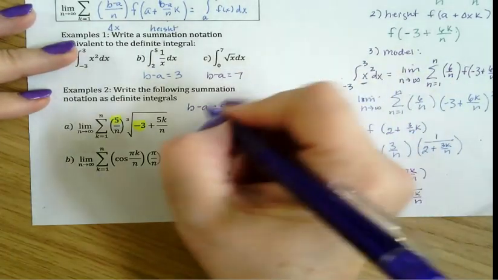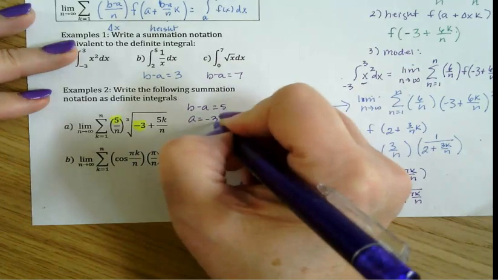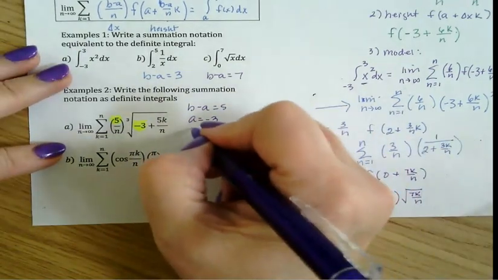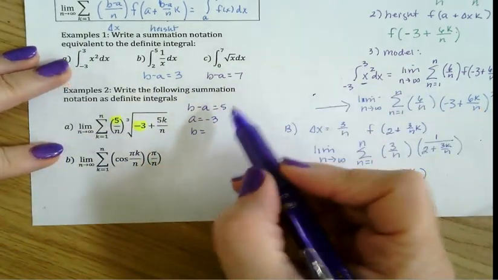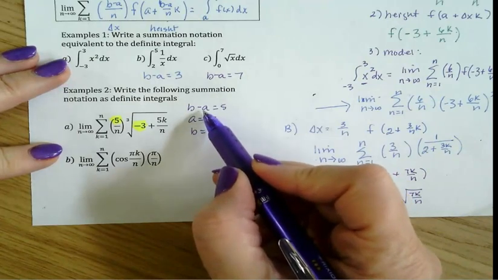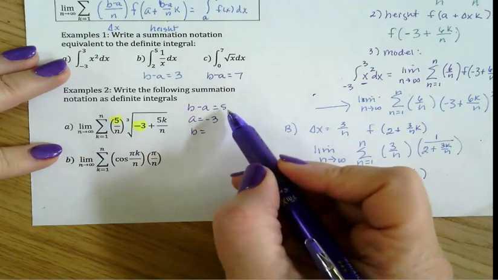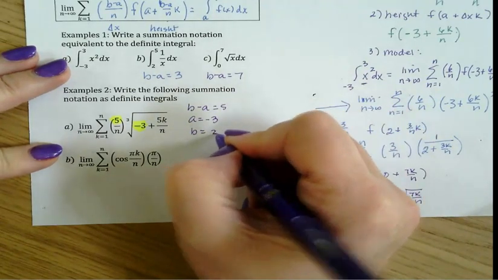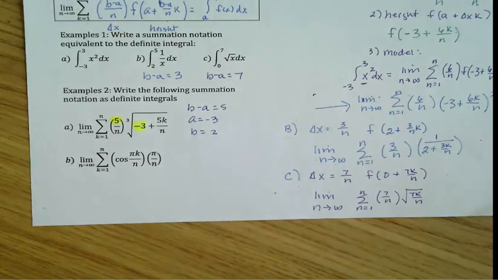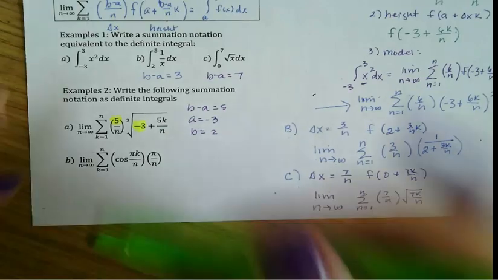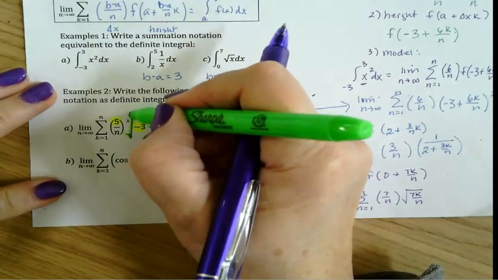So for me in this problem then, a equals negative 3. And so if a equals negative 3, what's b? So that makes this a negative 3, and then it equals 5. So b has to be 2. So then as I write this, I hope I can see the function itself, which is right here.